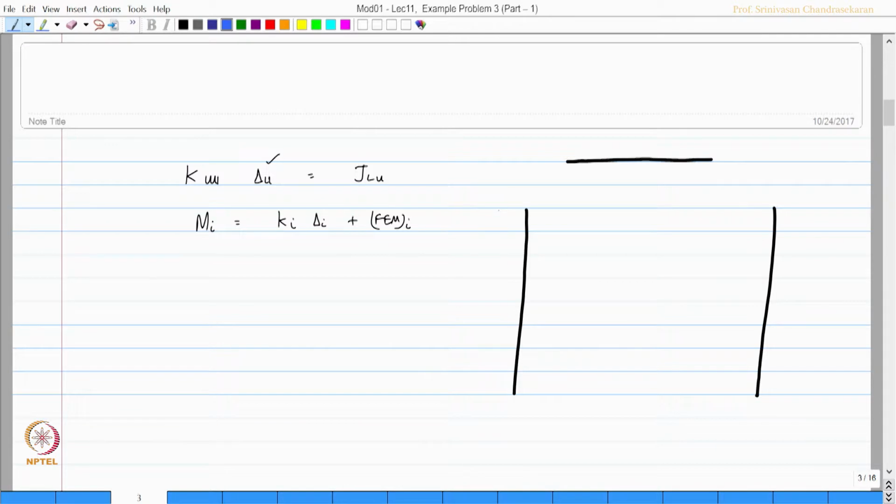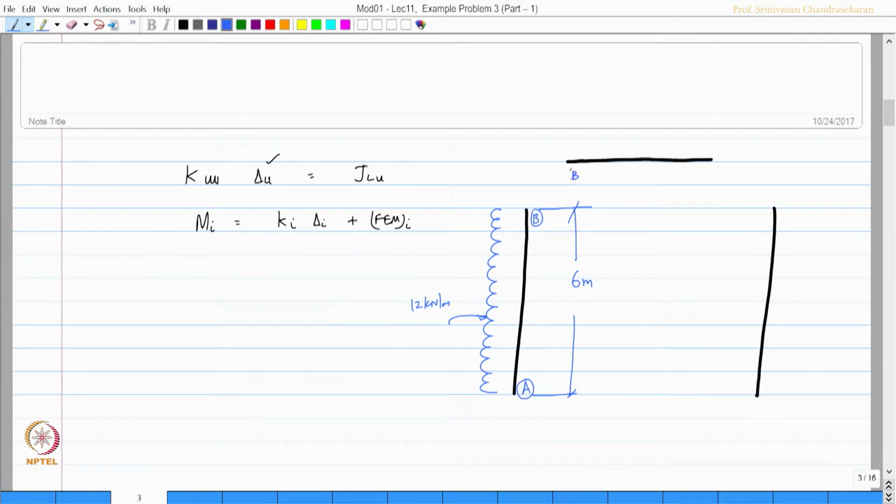This is subjected to a UDL of 12 kilonewton per meter for a span of 6 meters, which is AB.